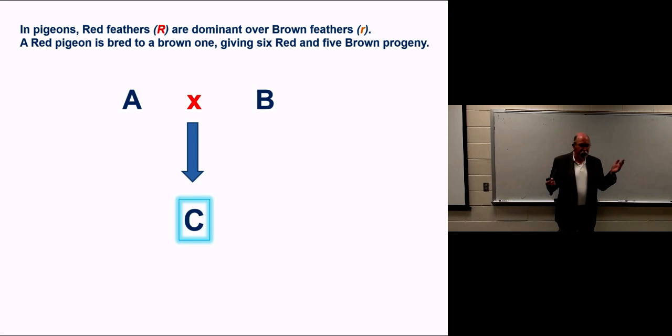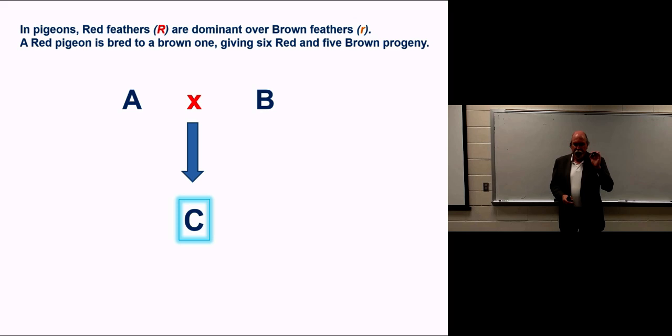And you're producing C, progeny, okay? Every genetics problem, that's all they're set up. It doesn't matter how complicated. When we get to sex linkage and epistatics and lethals and all that sort of modes of inheritance, doesn't matter. Every problem set up is A times B gives me C. Now, sometimes I have to take C times C and give me C prime to make the F2, but that doesn't matter. It's still AB, right?